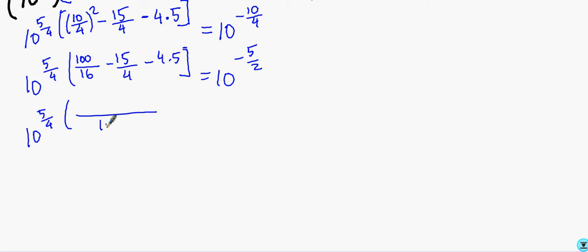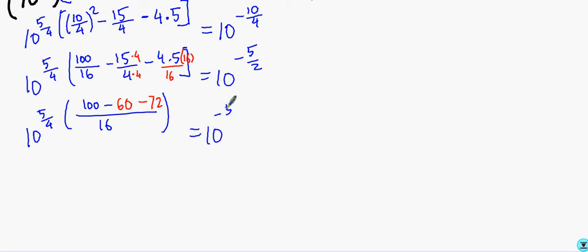Now here the common denominator is 16. We'll do 100 minus, well, multiply top and bottom by 4 here. So minus 4 times 15 is 60. Then minus, well, here we need to multiply top and bottom by 16. That's going to be 16 times 4 is 64 plus half of 16 is 8, so 64 plus 8 is 72, minus 72.